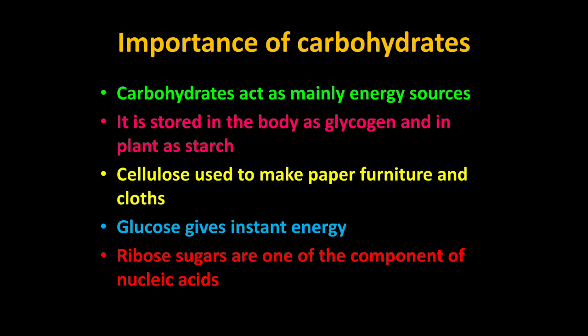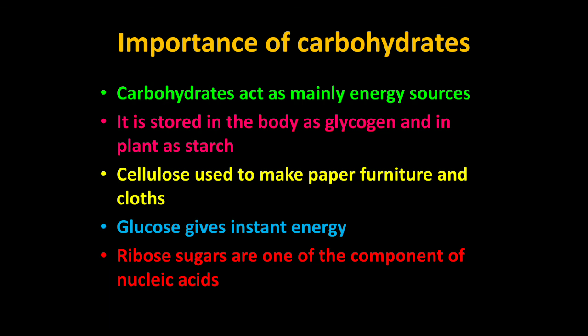Next we are going to see the importance of carbohydrates. Carbohydrates are widely distributed in plants and animals, and they act mainly as energy sources and structural polymers. Carbohydrates are stored in the body as glycogen and in plants as starch.